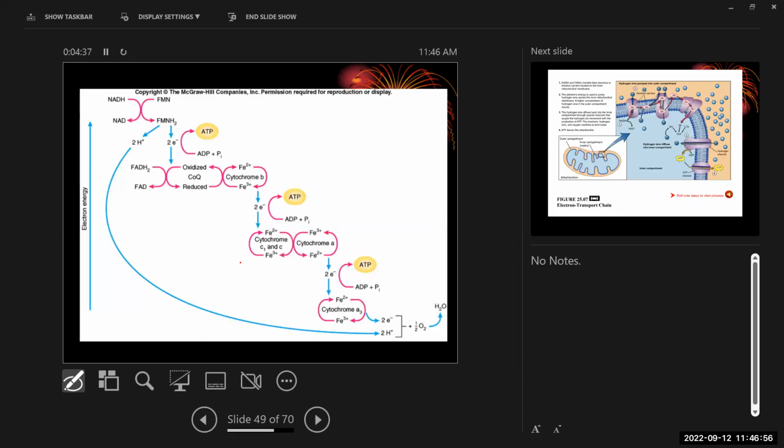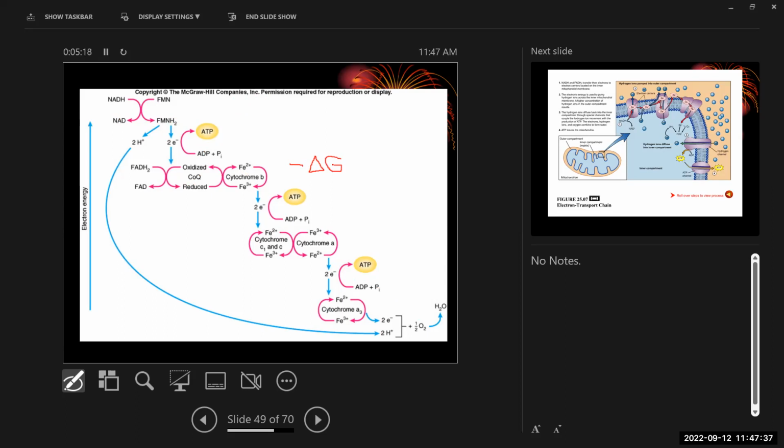Now, there's something else that happens on the way, and it's this. The electrons are given here thermodynamically. This transfer of electrons down the chain is very spontaneous. So this reaction from here all the way down to here has a very negative delta G. Since this has a negative delta G, I wonder if you can use that to do work.